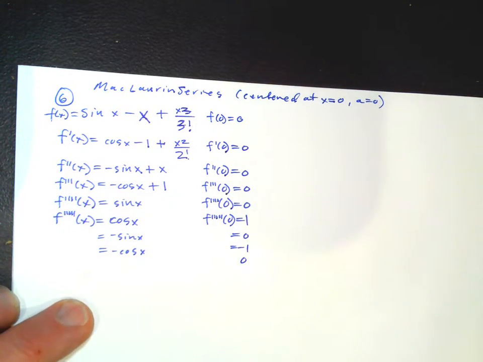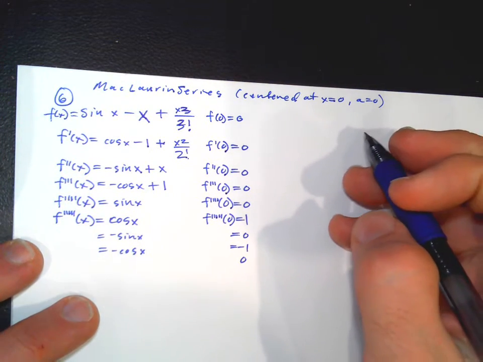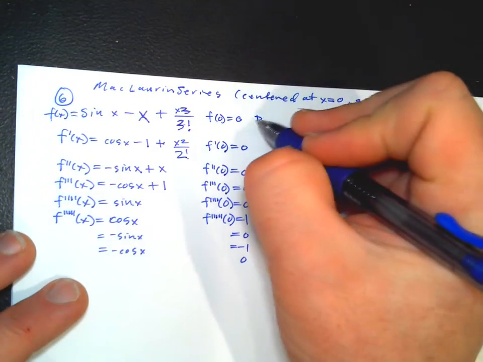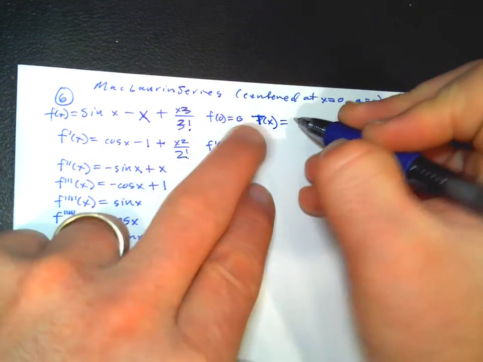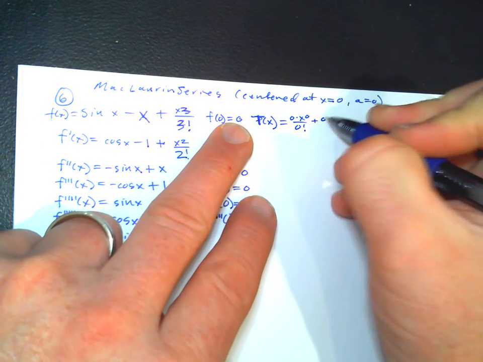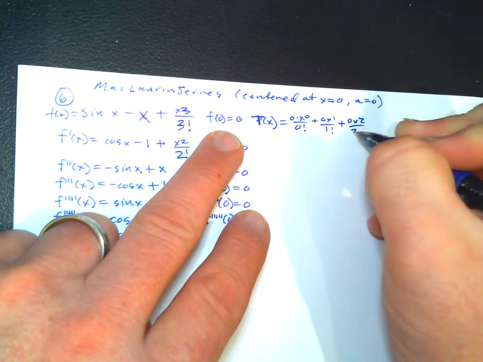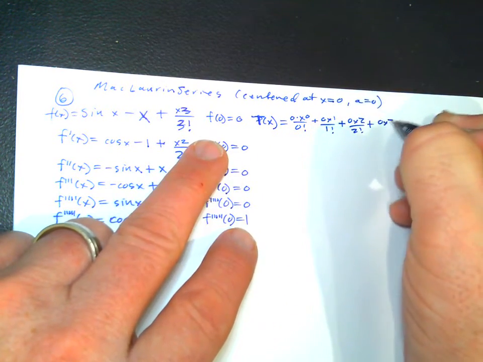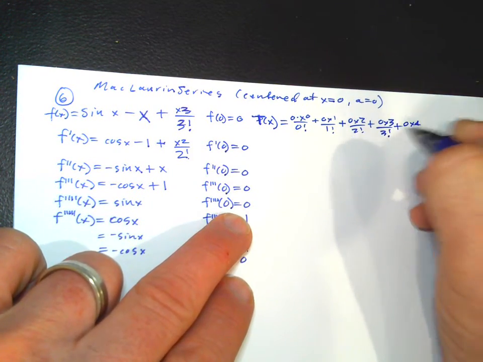So all the first terms are just gone. I mean, you could write the Taylor series: 0 times x is 0, over 0 factorial, plus 0 x to the first over 1 factorial, plus 0 x squared over 2 factorial, plus 0 x cubed over 3 factorial, plus 0 x to the fourth over 4 factorial.